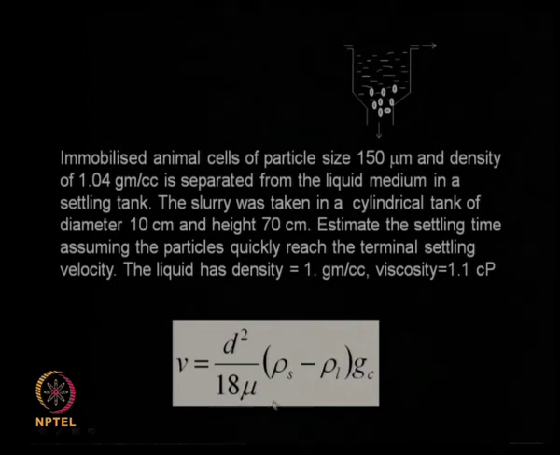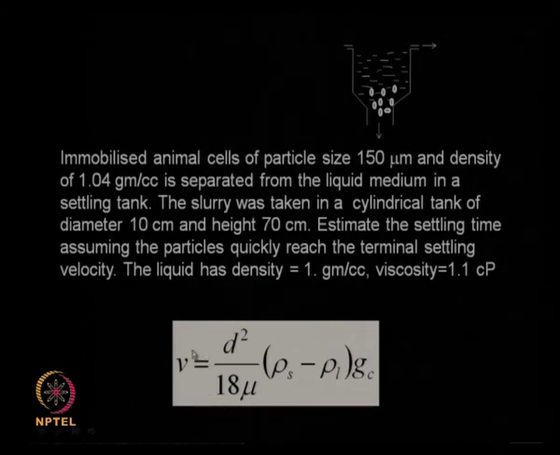This velocity depends upon the diameter of the particle, the difference in density between the solid and the liquid, and the viscosity of the fluid, which comes in the denominator. So I hope you remember this equation. The diameter of the particle is given here, rho s, rho l are given here, viscosity is given here. So we can calculate the terminal settling velocity, right.